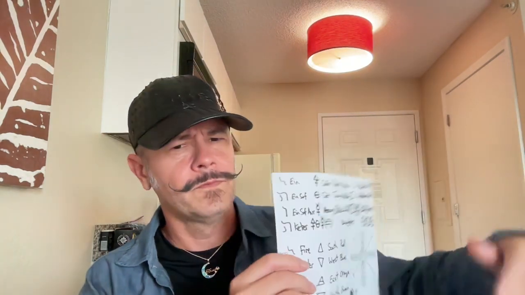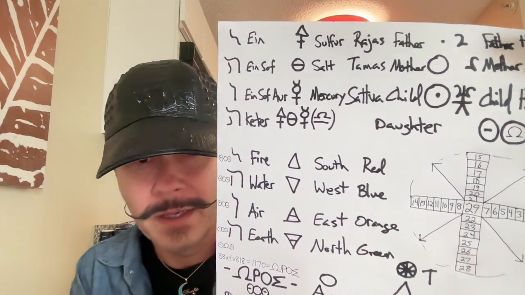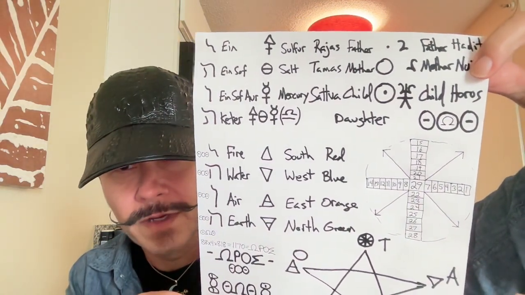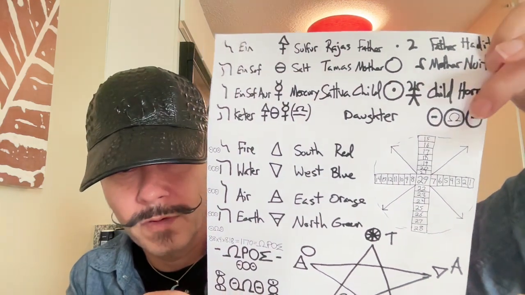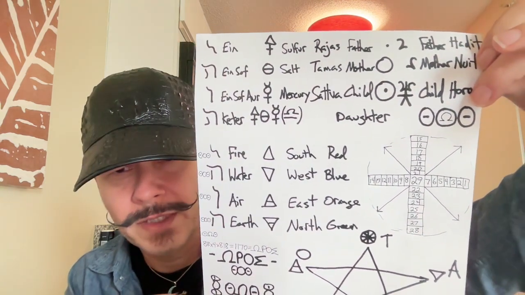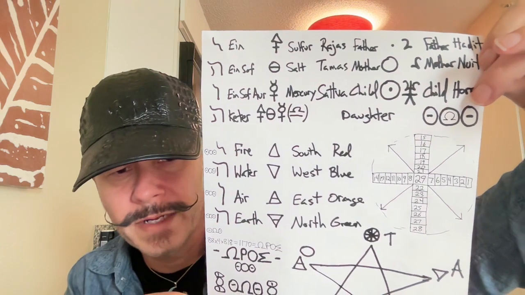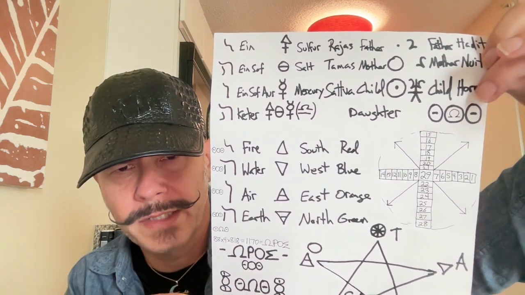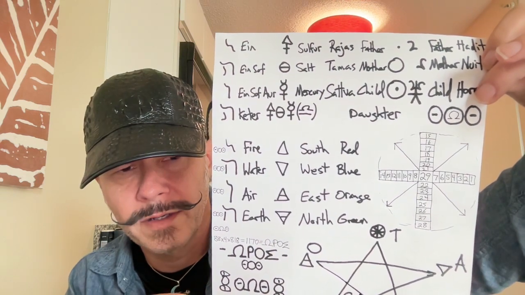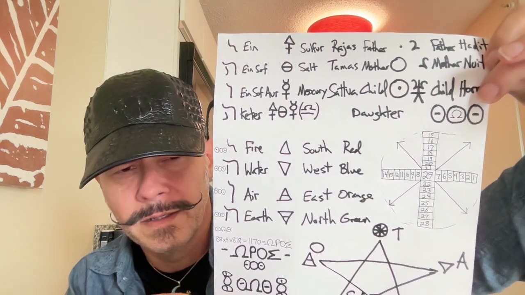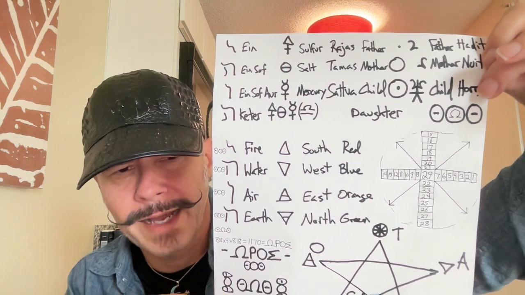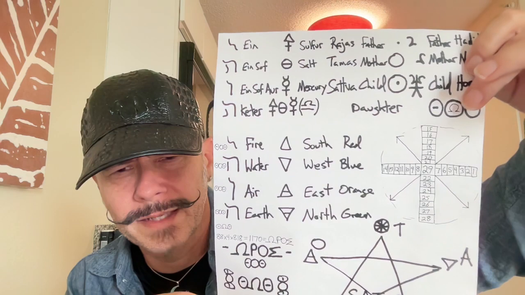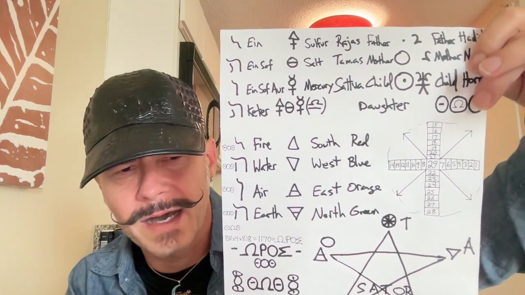Okay, so I think we kind of explained this threefold division a little bit. Father, mother, child. I say Hadit, Nuit, Horus. But it is pure Mercury. But when it breaks into father, mother, son, daughter, you could say son is kind of Horus, the son, and then the daughter, it's not really, but it's Thoth.